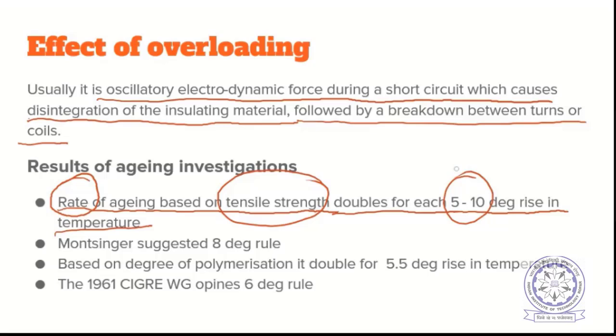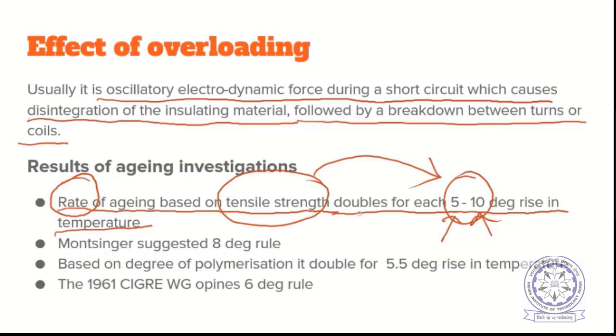Some may double the rate of aging for 5 degrees centigrade, some at 10 degrees centigrade. So based on tensile strength, it is 5 to 10 degrees centigrade which will double the rate of aging.